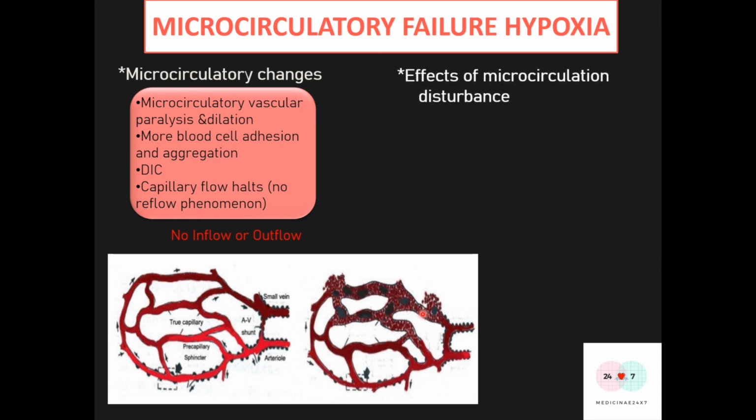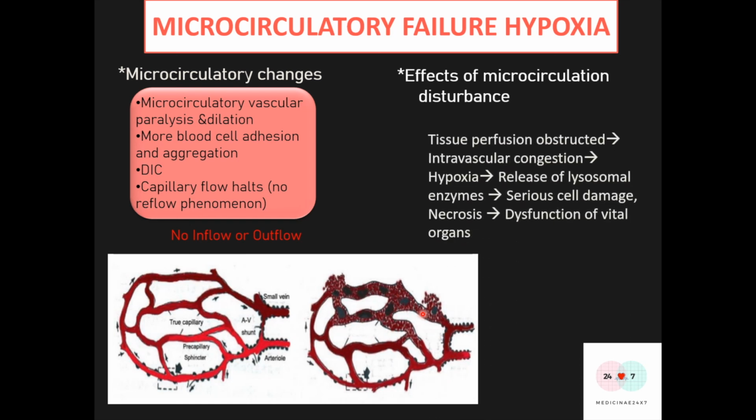The primary effects of microcirculation disturbances are the obstruction of tissue perfusion, which leads to intravascular congestion. Intravascular congestion further leads to exosmosis of tissue fluids or blood that further exaggerates the stasis of blood.